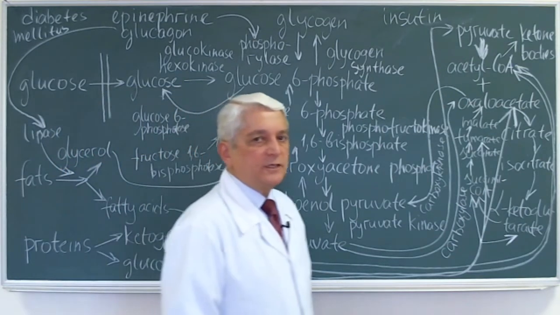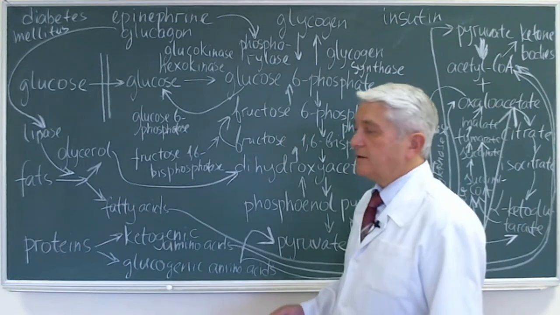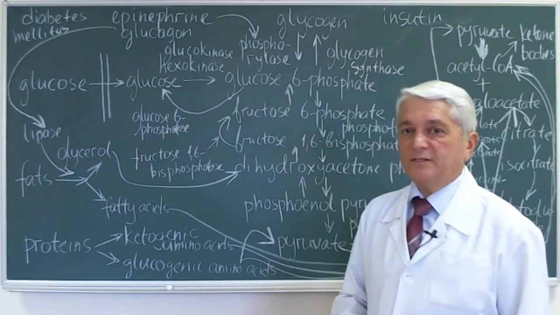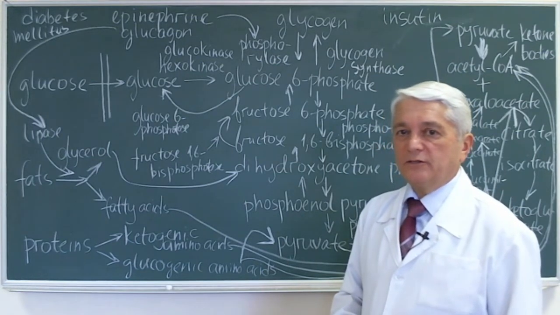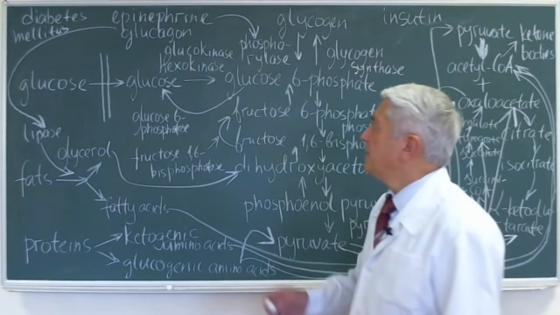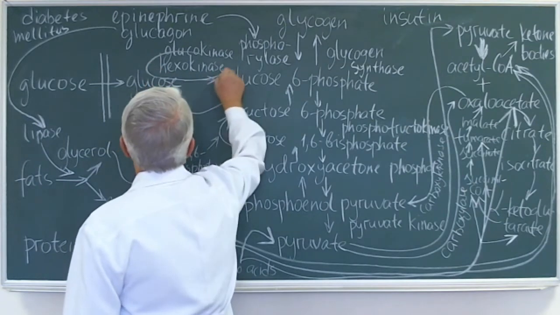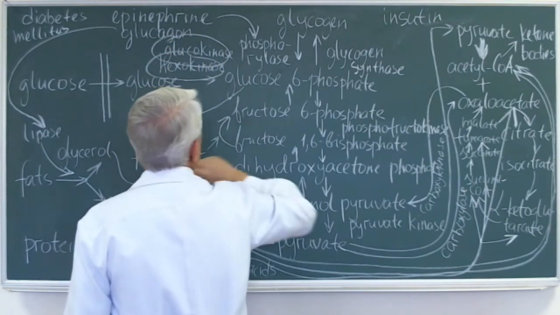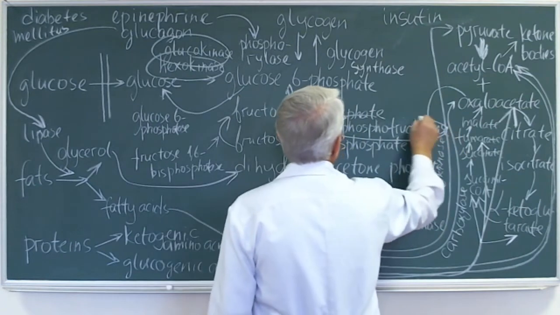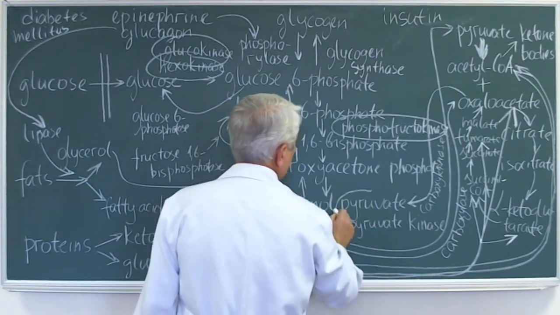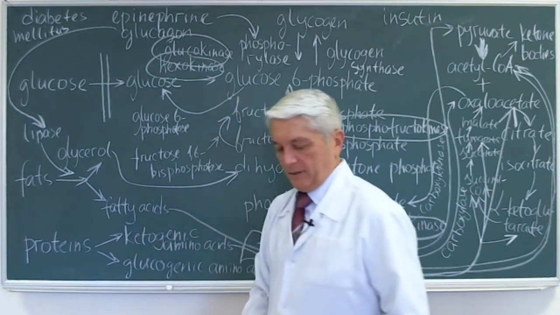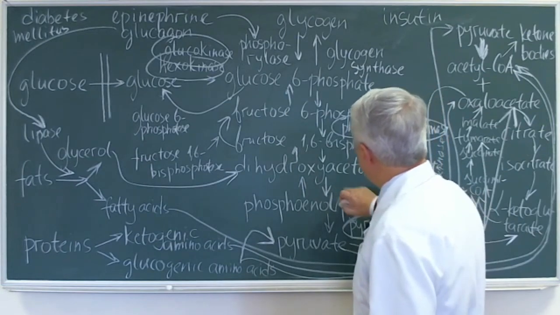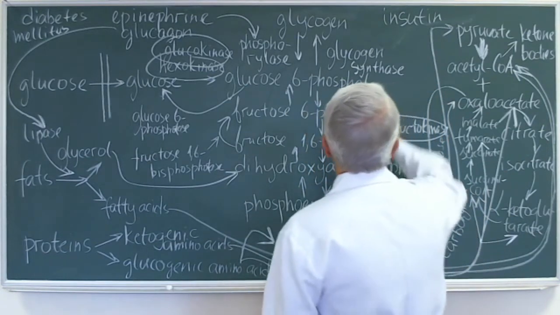Now let's tell what enzymes. Not surprisingly, these are the most important regulatory enzymes, about which we already talked many times: hexokinase, glucokinase, phosphofructokinase, pyruvate kinase, here, pyruvate kinase, then glycogen synthase.